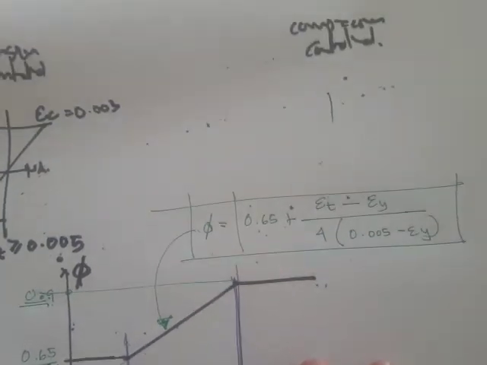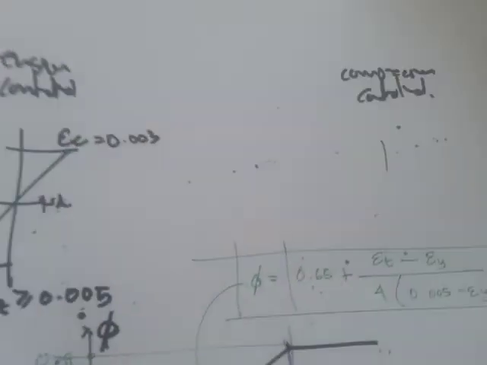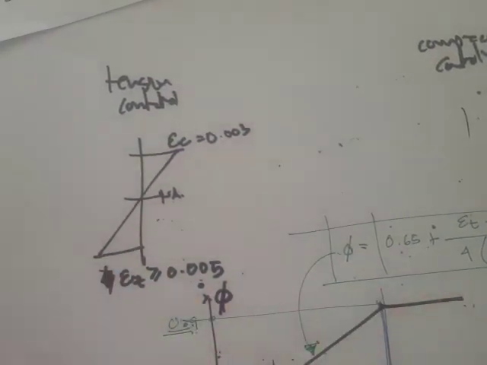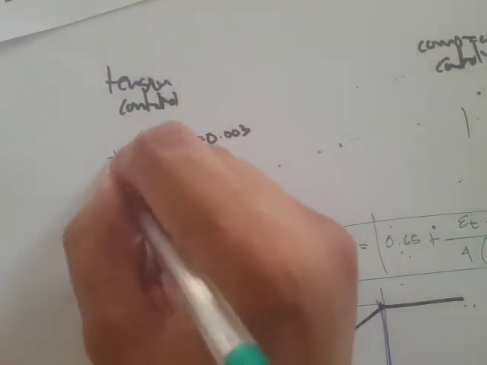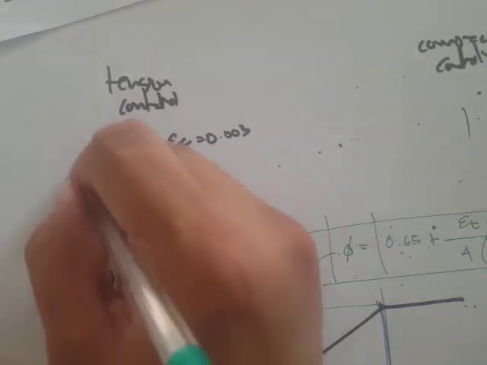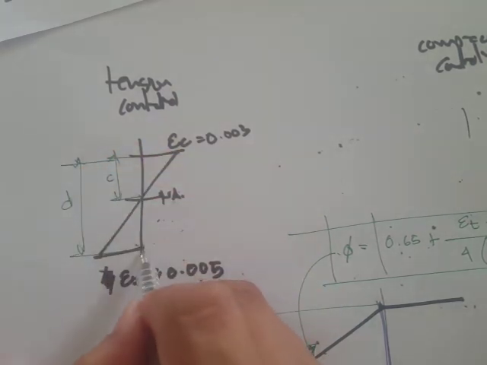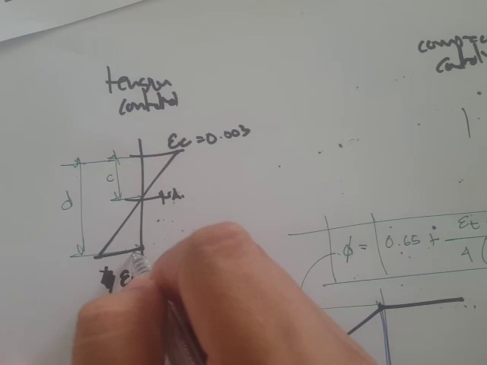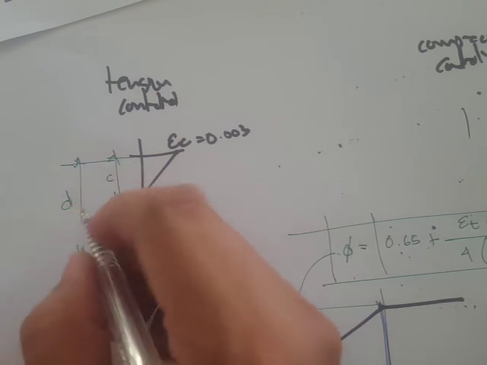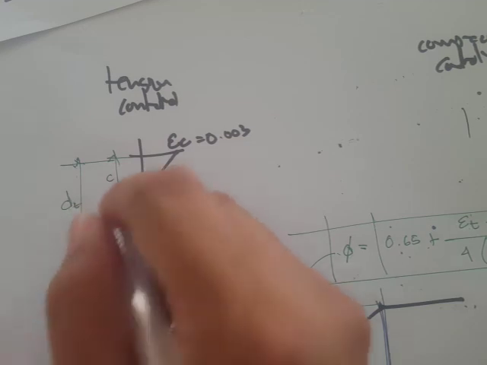Okay, so now how do we compute our strain? For the strain, recall that we have this distance. This is our depth of neutral axis, and this is our effective depth, to the centroid. If that's the extreme tension steel, we can just write d sub t.